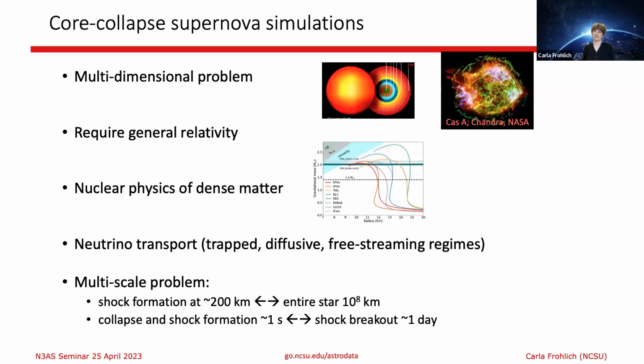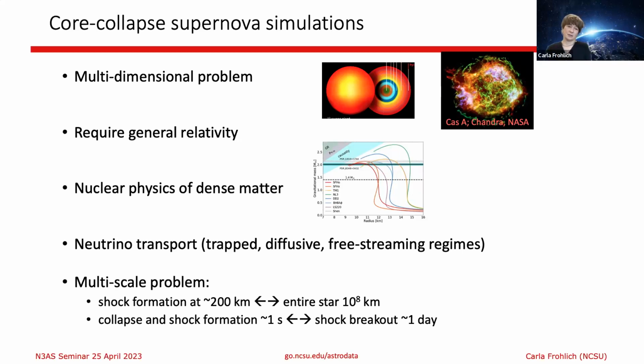And simulating this scenario is computationally expensive because you require a lot of different physics, from general relativity to the nuclear physics of dense matter to neutrino transport. But it's also inherently multidimensional, as you can see in the top right figure, this Chandra image of Cas A. This is not as nicely spherically symmetric as the cartoon of the progenitor star that will explode, leading to this remnant that's shown to the left of the Chandra image.